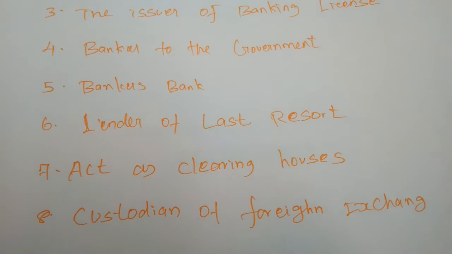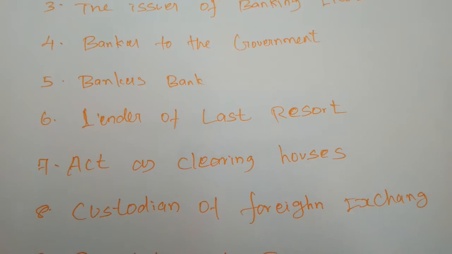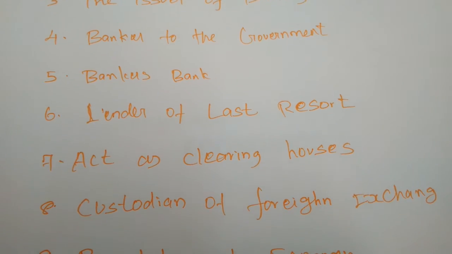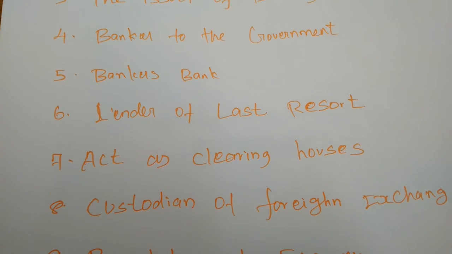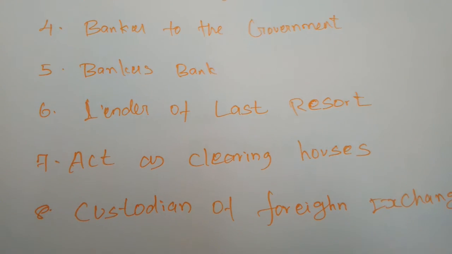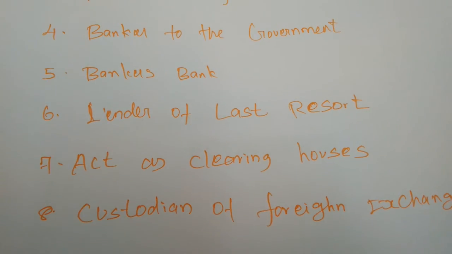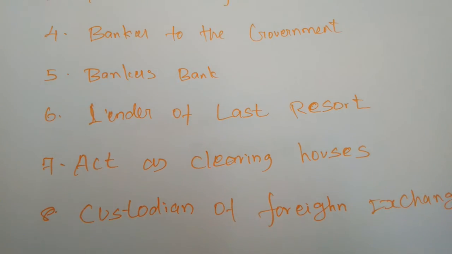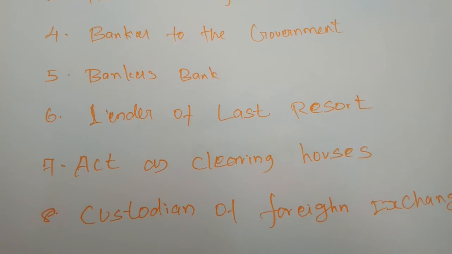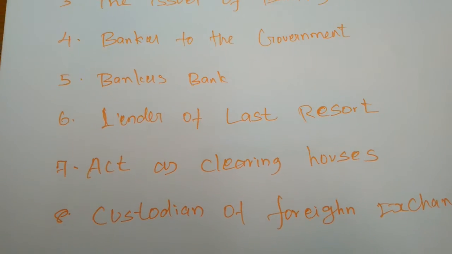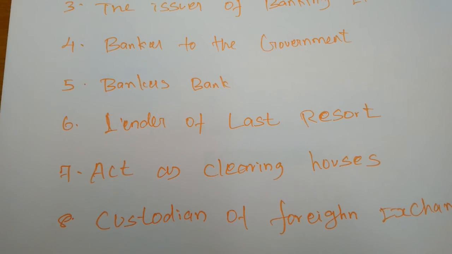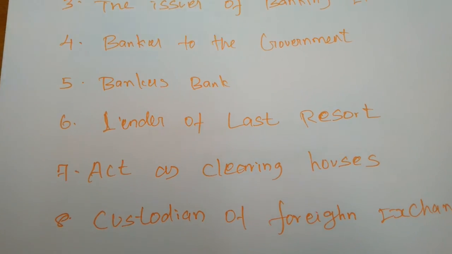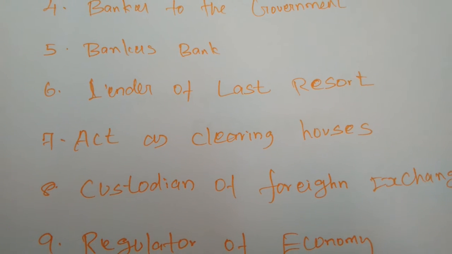On behalf of all other commercial banks, the Reserve Bank of India will discount their bills when there is no other source. For that, the commercial banks must submit eligible securities as collateral. On the strength of the collateral securities, commercial banks can borrow money from the Reserve Bank of India at any time.